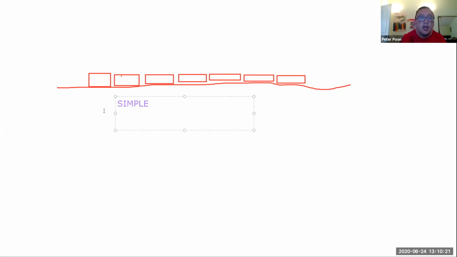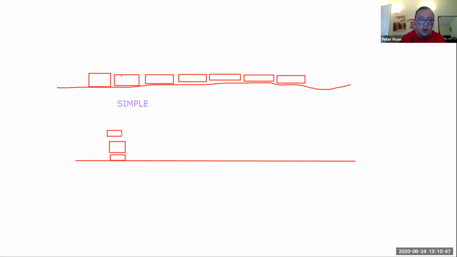Okay, if I have many layers of cells, actually, let me draw another one. 1, 2, 3, 4, 5, 6.